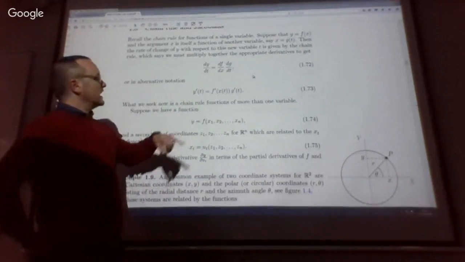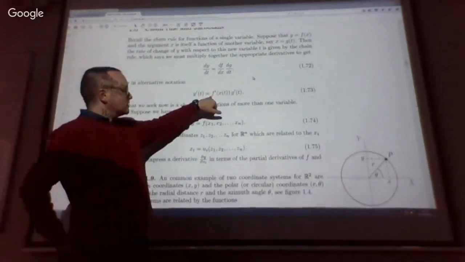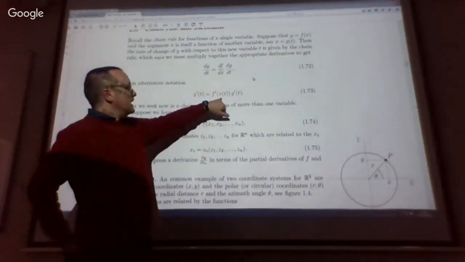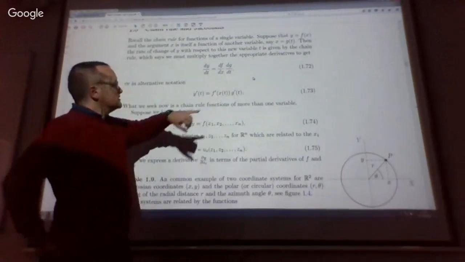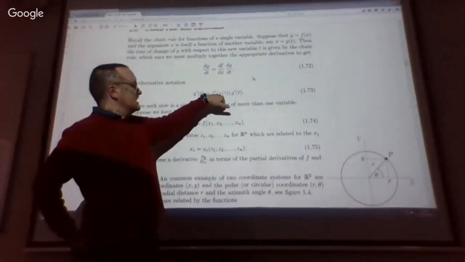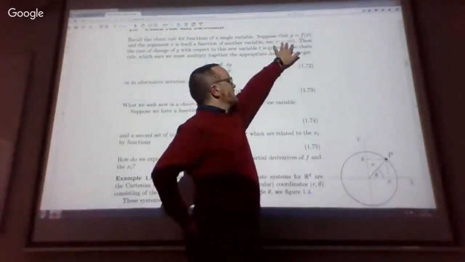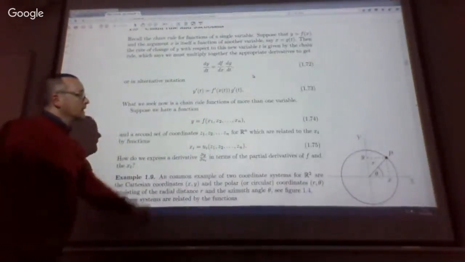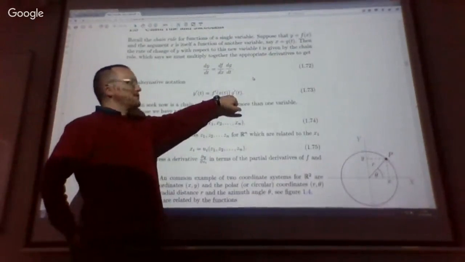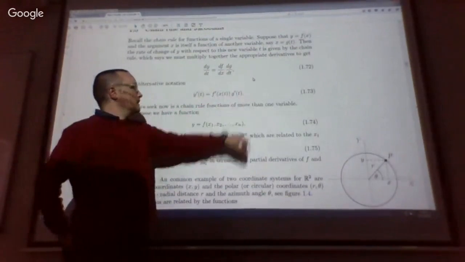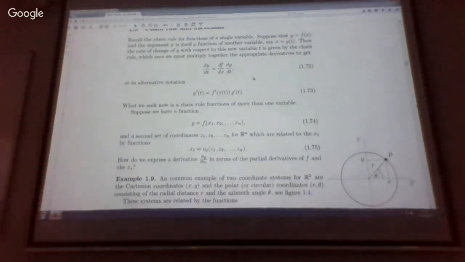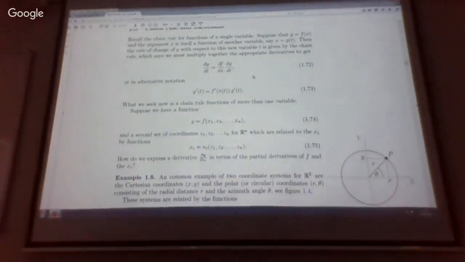The rule for doing that is you differentiate the outer function, you evaluate it at the original input. So you write this as x of t, or alternatively, you could also write that as g of t, they're the same kind of quantity, and then you multiply by the derivative of the inner function. Okay, so that will be familiar to you from previous years.